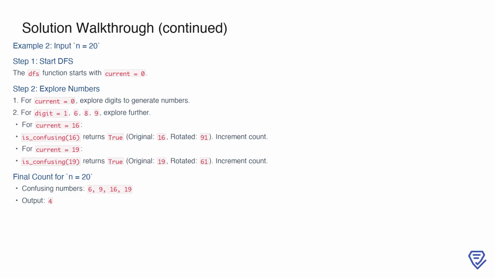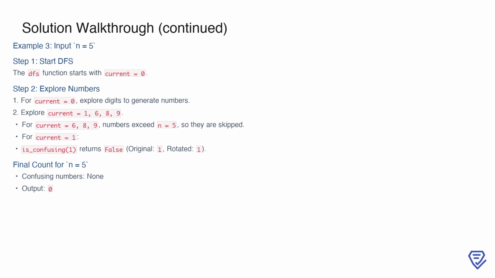This makes 16 a confusing number, so we increment the count. Similarly, for current equals 19, the rotated result is 61, which also differs from the original, so 19 is another confusing number. After completing the DFS, the confusing numbers up to n equals 20 are 6, 9, 16, and 19. This gives us a total of 4 confusing numbers, so the output for this input is 4.